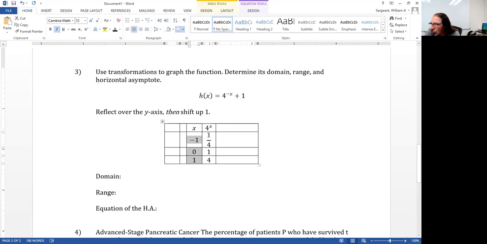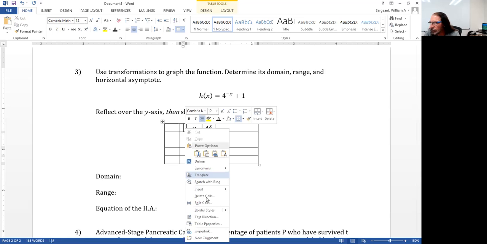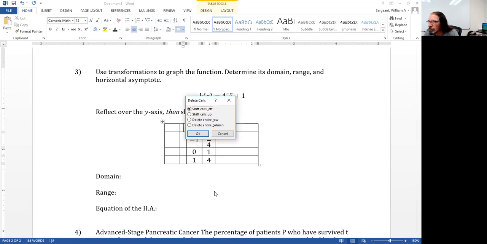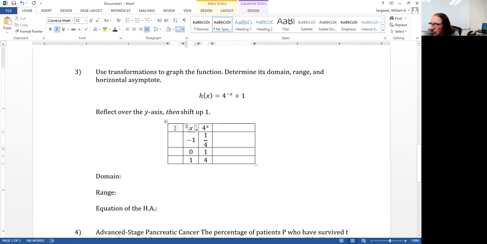And if we just had 4 to the x, then it would give us these corresponding y values. But changing the sign of x, what we're going to have is change the sign of x, and it would become 1, 0, and negative 1.